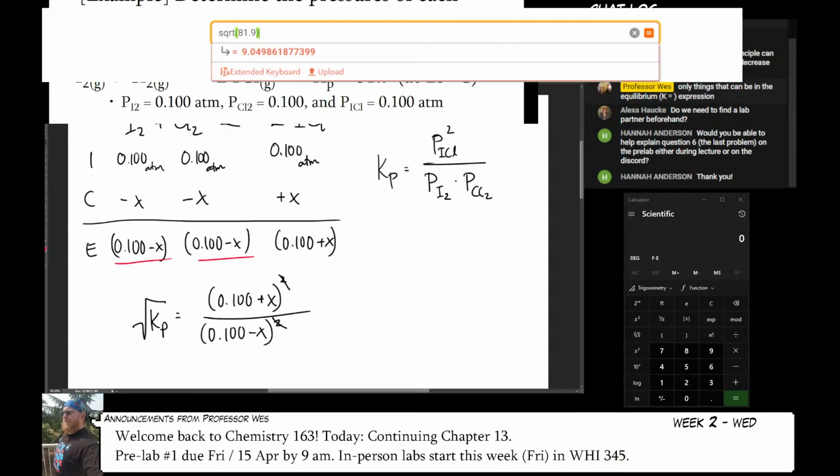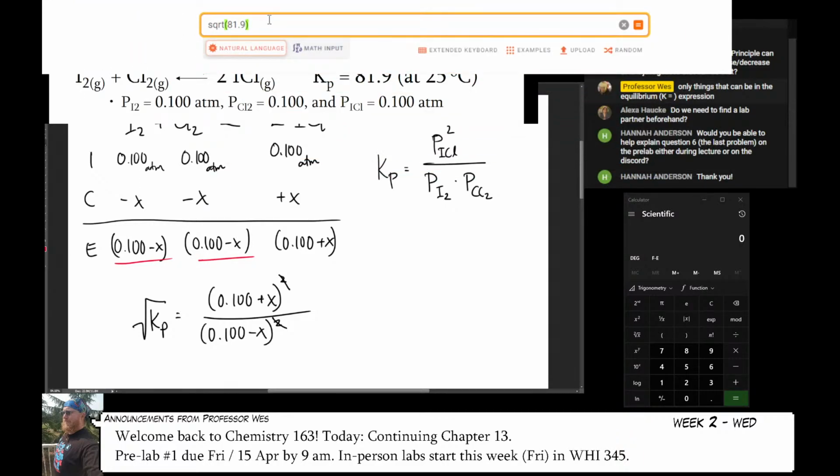That was the right constant, right? Let me just check. I can't tell because I have it hidden. Yeah, there we go. 81.9 equals 0.1 plus x divided by 0.1 minus x. Solve for me. What do we get?